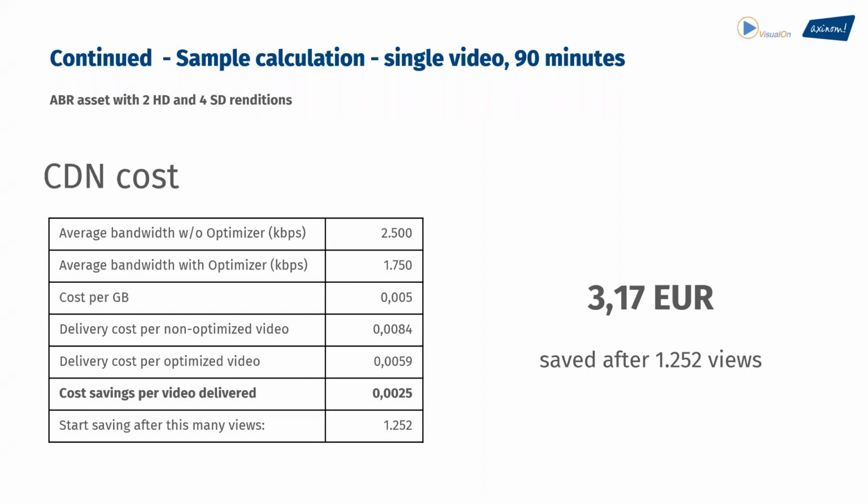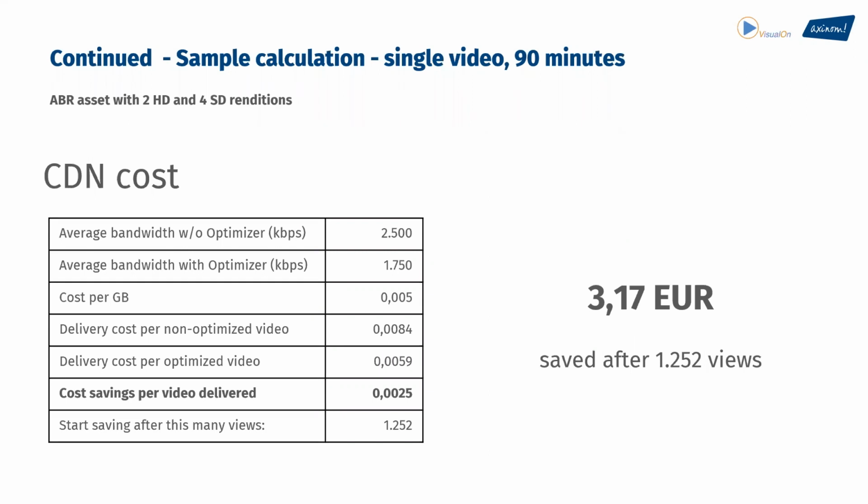And the average bandwidth with optimizer would be 1,750 kilobits per second. And let's assume you have a per gigabyte price of 0.005 euros, which is somewhere in the middle of expected costs. This is a bit tricky here because CDN prices can vary, and they vary a lot by the amount of traffic that you send over that CDN. It can be an order of magnitude higher and lower. That's possible, but it should give you a rough idea still.